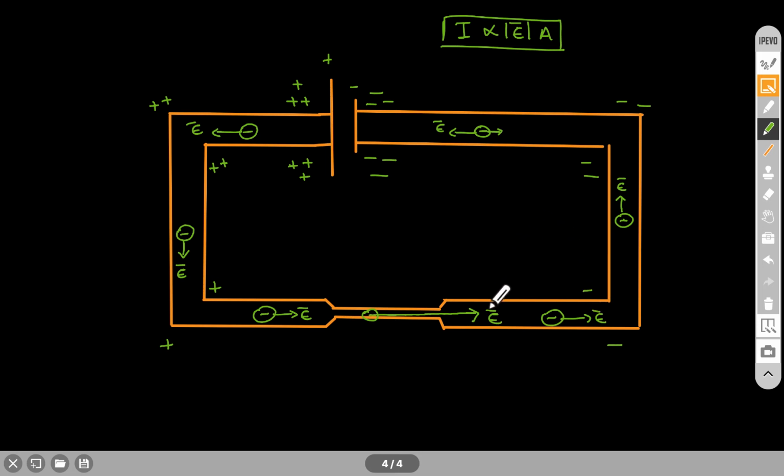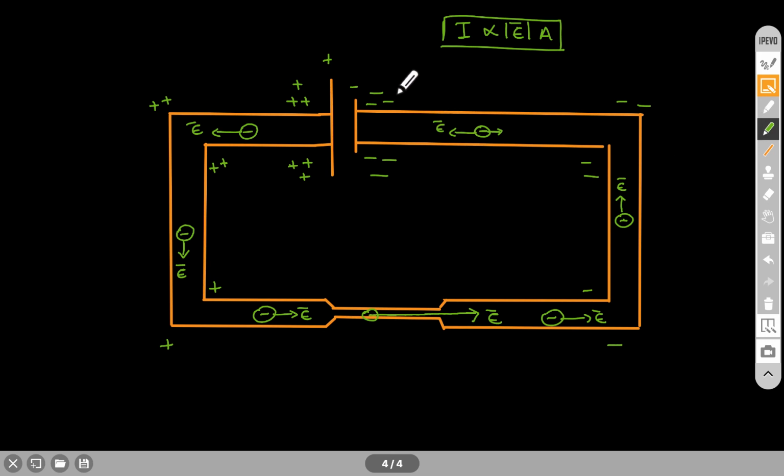Now, to have that increased electric field here, the way that we can accomplish that is by having a greater difference between the surface charges here and here. Let me show you how we can accomplish that.